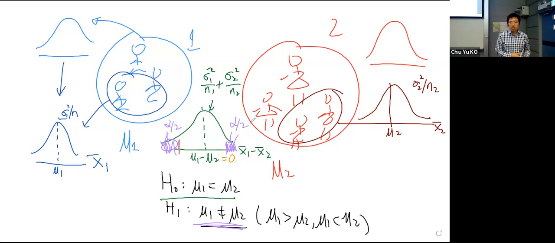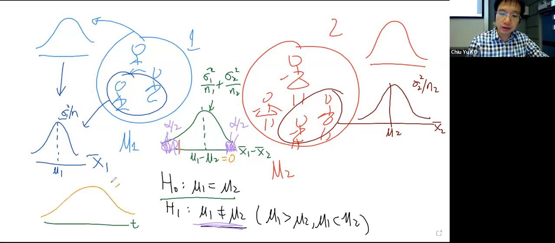And if we know sigma 1 and sigma 2, then we're done already, because the shape is well known. There's nothing you need to do further. But the problem is, in general, we don't know. Okay? So that means that we need to use the T, convert to T, and use some version of it for the shape.